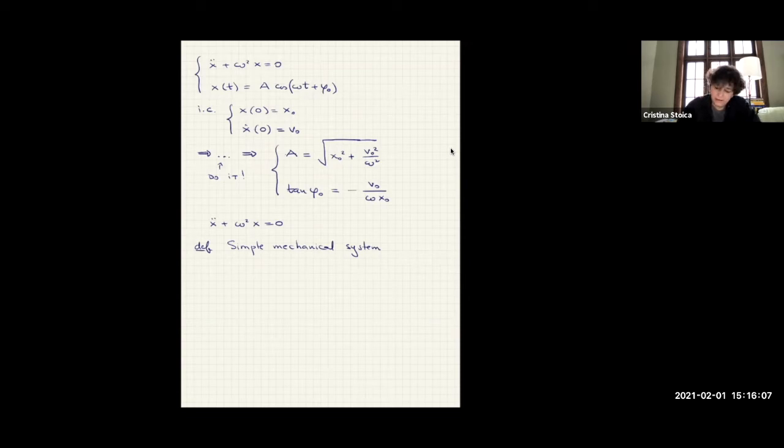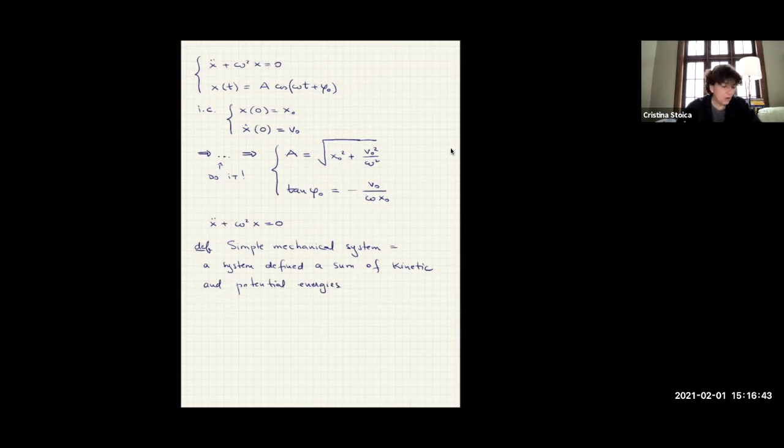It is a system defined by its potential energy and its kinetic energy, as a sum of kinetic and potential energies. And to put you at ease, I will always tell you what those are.